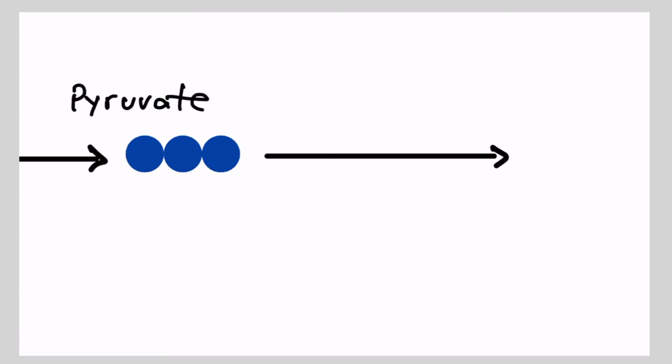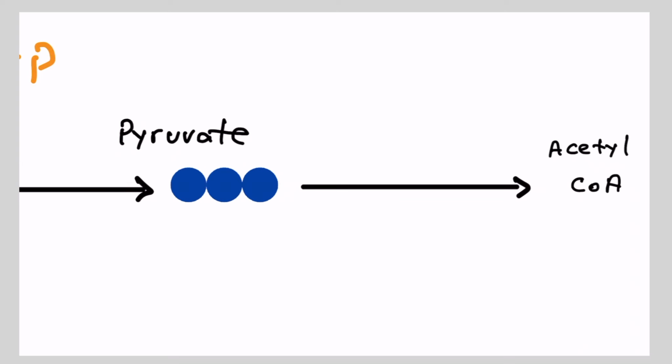So for the pyruvate to get converted into acetyl coenzyme A, we have the action of an enzyme that's called PDH. So here we have our acetyl coenzyme A, and this is going to happen through the action of an enzyme called pyruvate dehydrogenase.